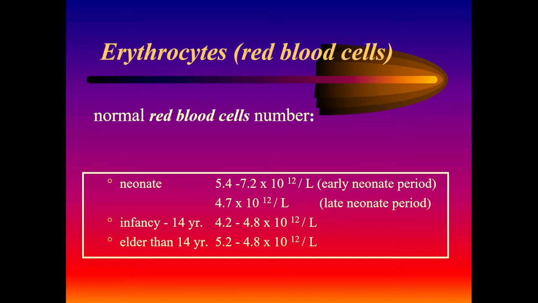In the late neonatal period, on average 4.07 times 10 to the 12th per liter. These are the normal parameters. You must remember about it.